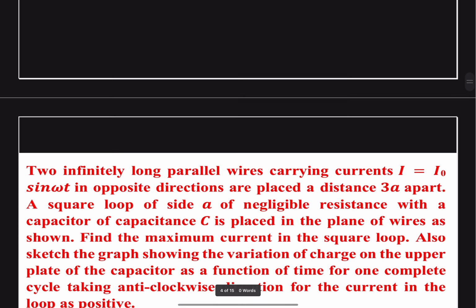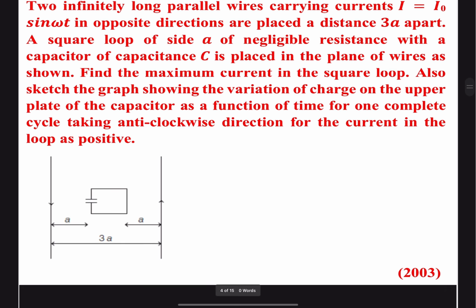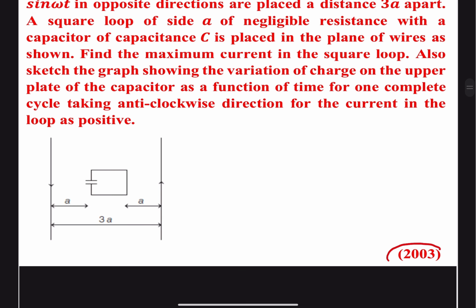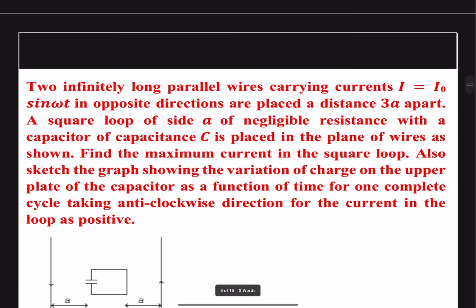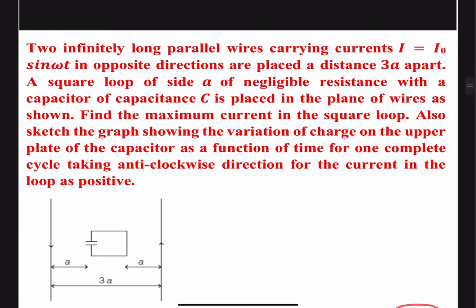Now we come to the next question that was asked in the year 2003. In this question, it is given that two infinitely long parallel wires carrying currents I is equal to I naught sine omega t in opposite directions are placed at a distance 3a apart.